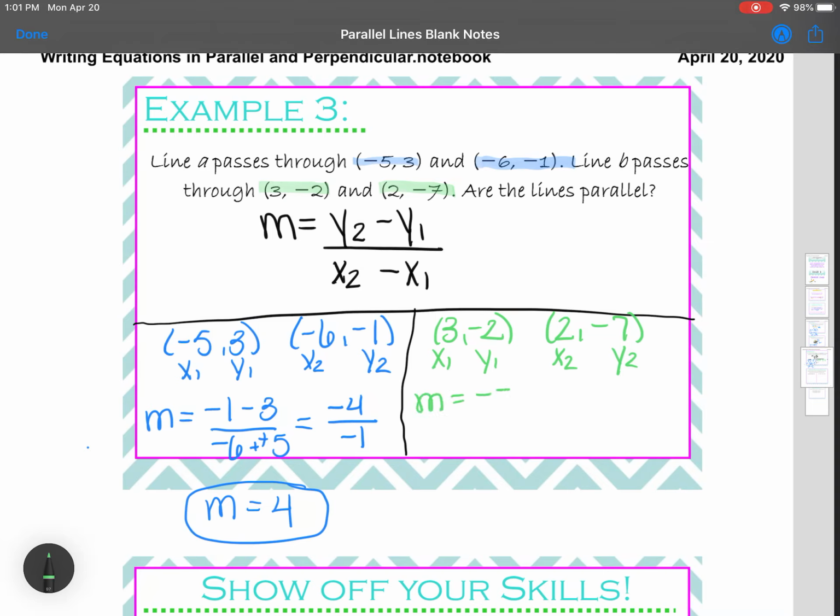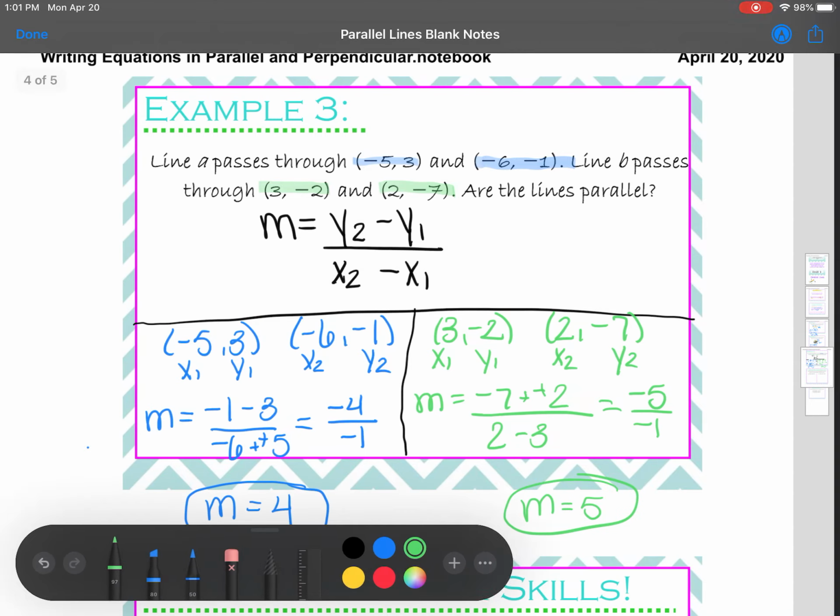M equals negative 7 minus negative 2 over 2 minus 3. Negative 7 minus negative 2 becomes negative 7 plus 2, which is negative 5, over 2 minus 3, which is negative 1. So the slope on this one, negative 5 divided by negative 1, is positive 5.